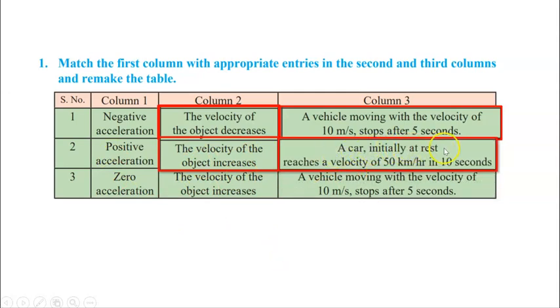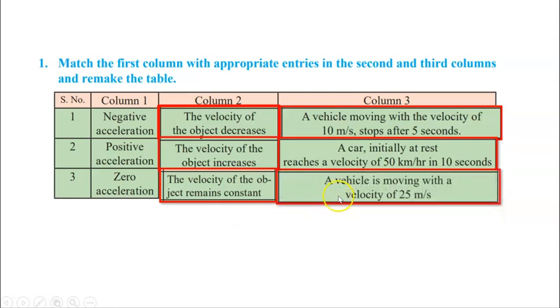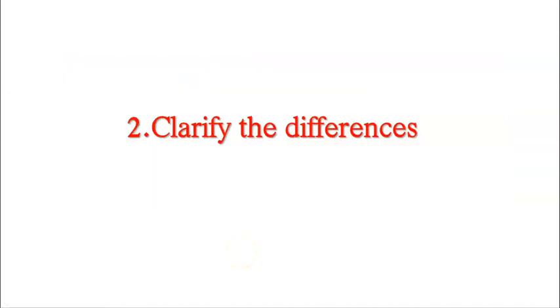A car initially at rest reaches a velocity of 50 km per hour in 10 seconds. And for third one, zero acceleration: the velocity of the object remains constant. Okay, a vehicle is moving with a velocity of 25 meter per second, and this is the correct one. Okay, now the next question.